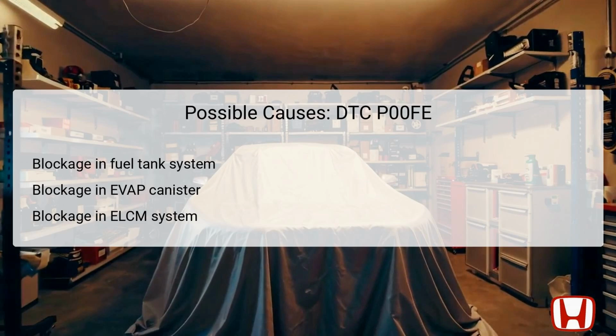The second possibility involves the EVAP canister itself, which can become clogged with debris over time, preventing it from capturing vapors effectively. Lastly, the ELCM system can also develop blockages or experience damage, impacting its monitoring capability. Identifying the exact source of the blockage is essential for implementing an effective repair strategy.